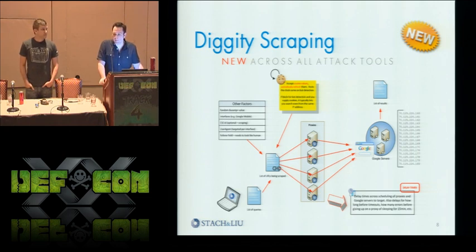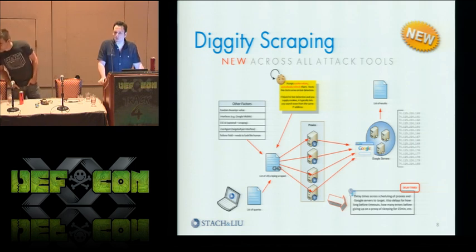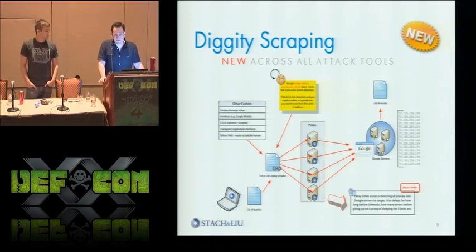But now that Bing is moving to a pay model, and just to get the number of results that we really want, we've implemented scraping of Google across all of the attack tools, which was no easy task. I spent quite a bit of time trying to make it so that you can do thousands and thousands of queries against Google scraping effectively. We built that into the actual engine for all the tools now, so it's all completely free.